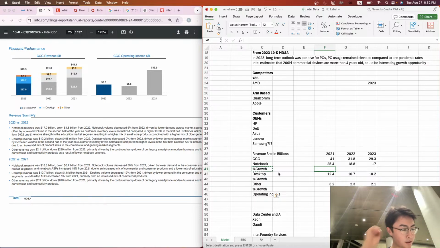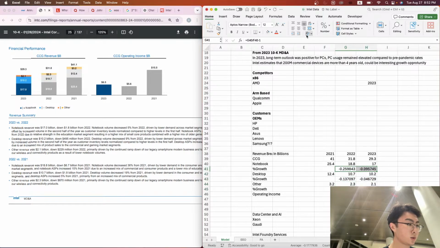Okay, let me see. So I gotta take the notebook, divide this. Oh, yeah, there we go. Minus 1. Let's also turn this into a percent.